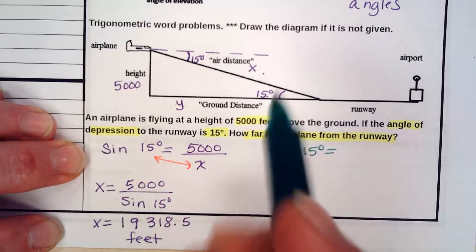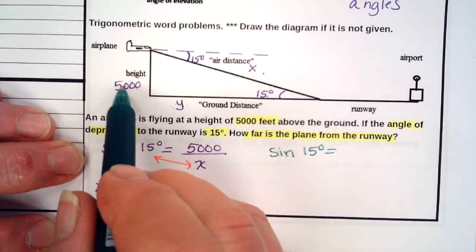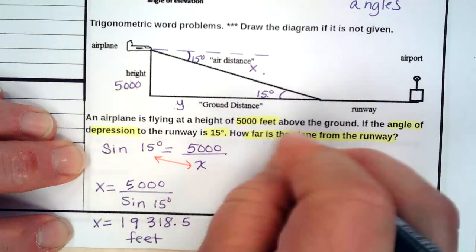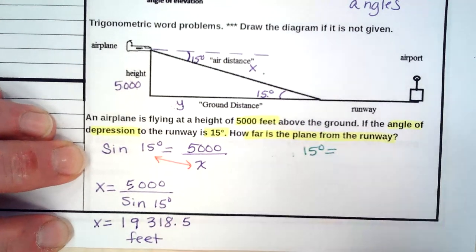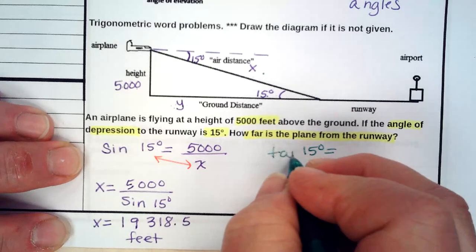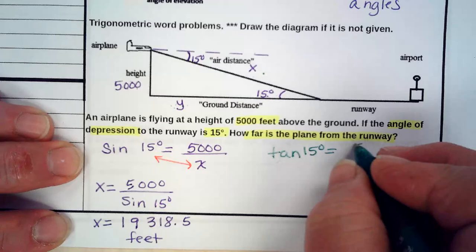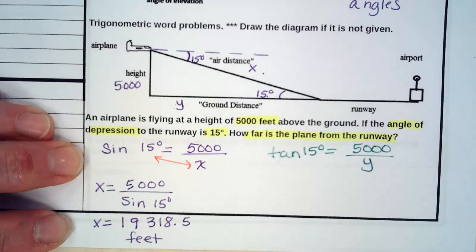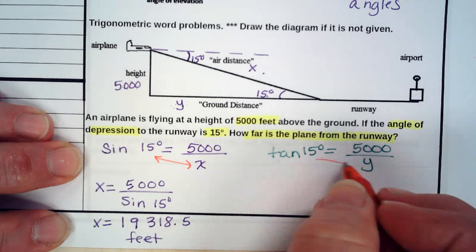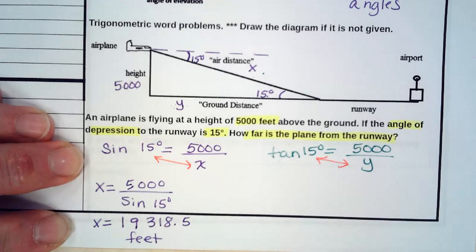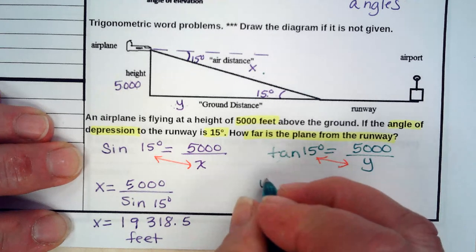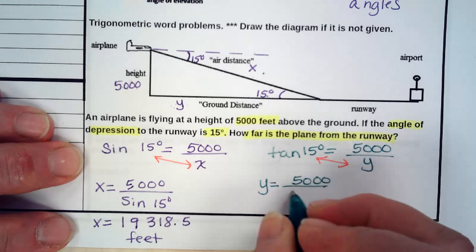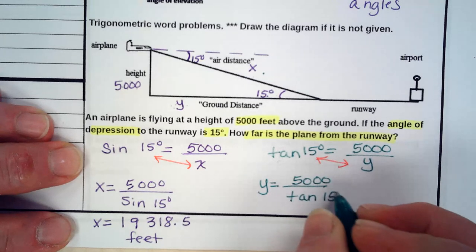Would it be the sine? Because this is your opposite and adjacent. Opposite and adjacent is your tangent. Hopefully you caught that before I did. So the tangent of 15 is equal to 5,000 divided by y. Once again, you've got to flip-flop. y is equal to 5,000 divided by the tangent of 15 degrees.